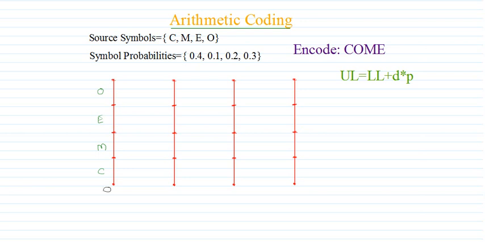The total probability of all the symbols, if I add them, is 1. That is the reason the complete range of this line is from 0 to 1.